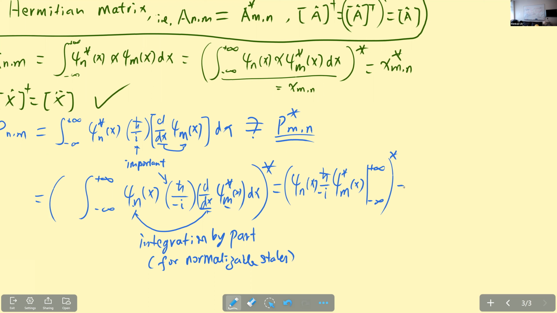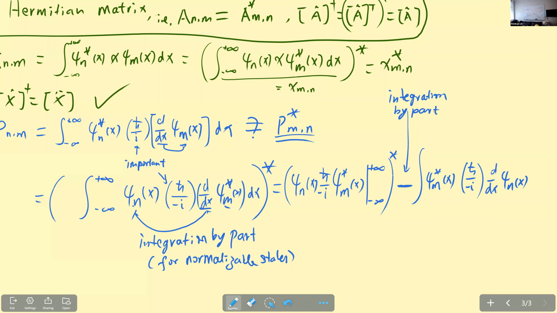And then another one is minus, now it's ψ_m*(x), and now this is ħ over minus i, and now you have d over dx now acting on this ψ_n(x). Okay. So this minus sign comes because of the integration by parts. Okay. And of course, you finally take this one, take a complex conjugate, right?